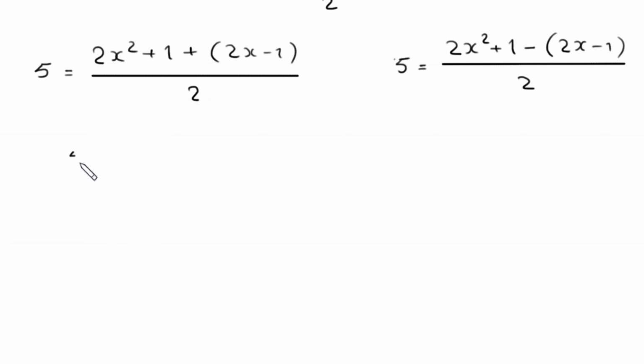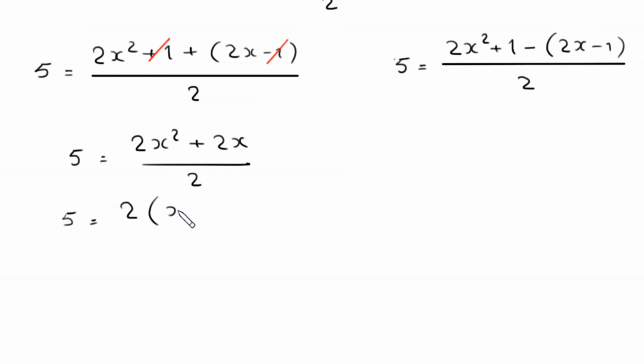Now from this equation, 5 is equal to, this positive 1 will be cancelled out with this negative 1, and here we are left with 2x squared plus 2 times x divided by 2, and 5 is equal to, from the numerator we can factor out 2 as common factor, and in bracket left x squared plus x divided by 2, and this 2 will be cancelled out with this 2.